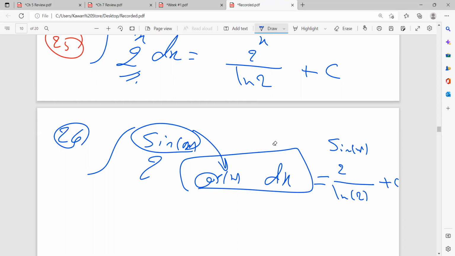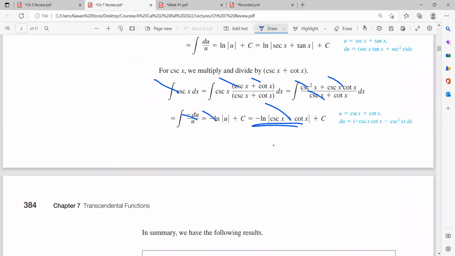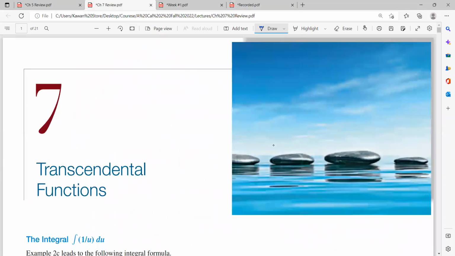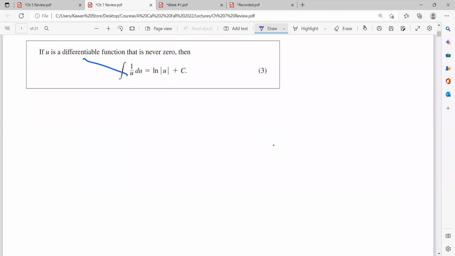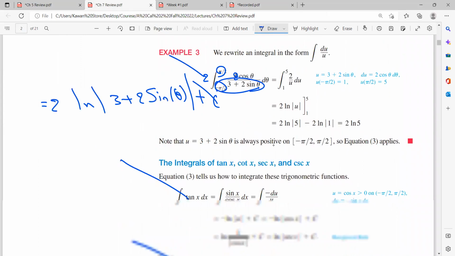Do you have any comment? Do you think it's hard? Look at chapter 7, at the beginning of chapter 7, we have that one. You can see we have those examples.